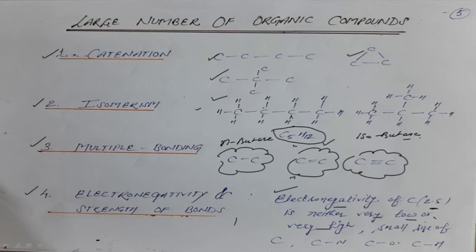Carbon can make bonds with nitrogen, oxygen, and even with hydrogen. So these are the four main reasons. Due to these reasons, carbon makes the maximum bonds and forms the maximum compounds in nature, so organic compounds, which have carbon as the main constituent, are large in number in nature.